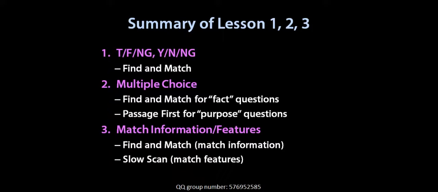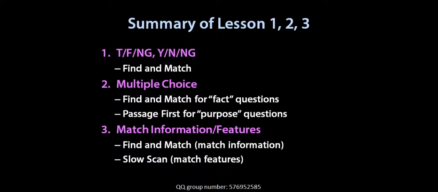is difficult because there are also purpose questions. And for that, we needed our passage first strategy. And that was more of an extensive skill. So the difficulty of multiple choice comes from determining which strategy to use for each question. For example, number 14 might be a fact question.